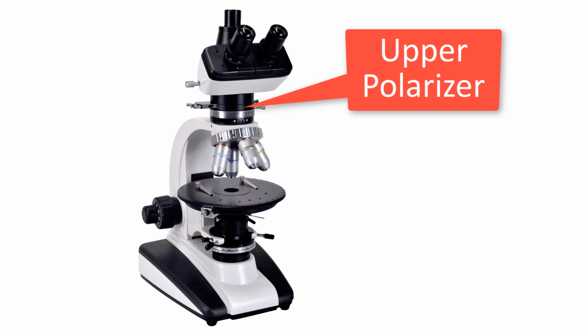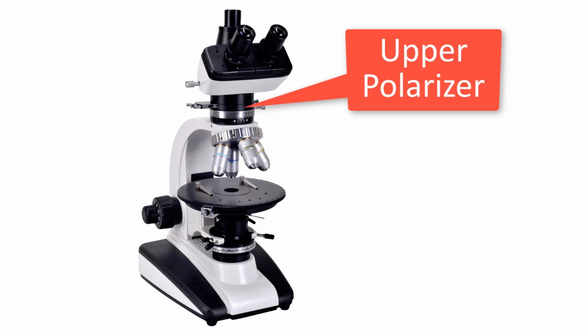Petrographic microscopes also have upper polarizers, sometimes called analyzers, that are located above the microscope's stage. The upper polarizer is a filter oriented 90 degrees to the lower polarizer.